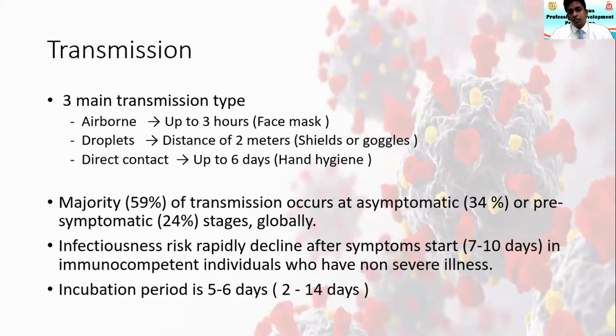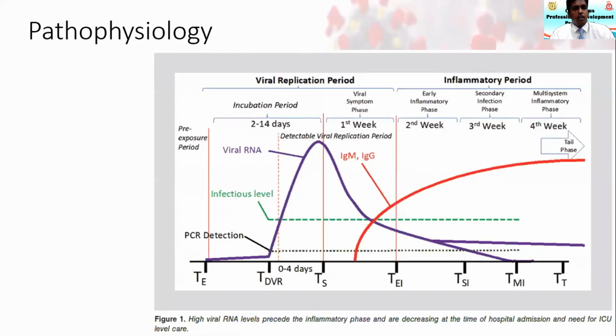Another important thing is that infectious risk rapidly declines after onset of symptoms. So when you meet a patient in a hospital, compared to the pre-symptomatic patient, they are less infectious. The incubation period is around 5 to 6 days, and it can vary from 2 to 14 days.